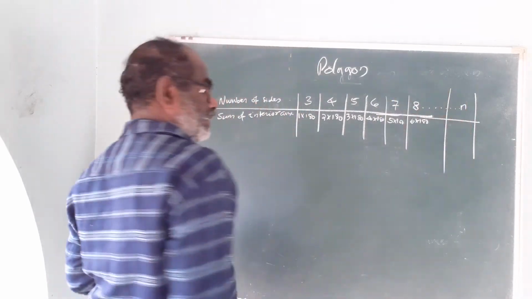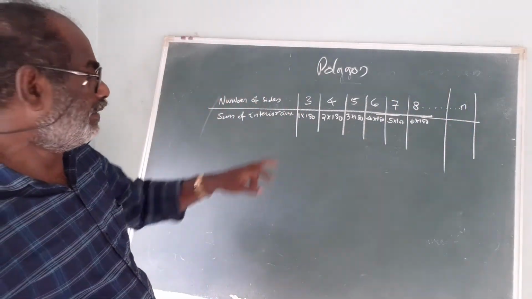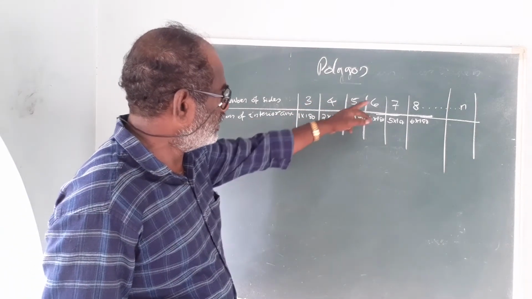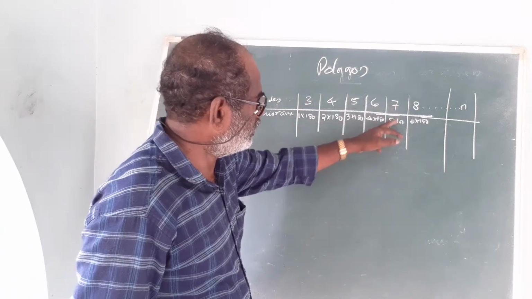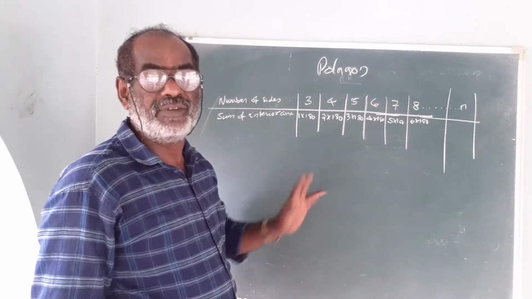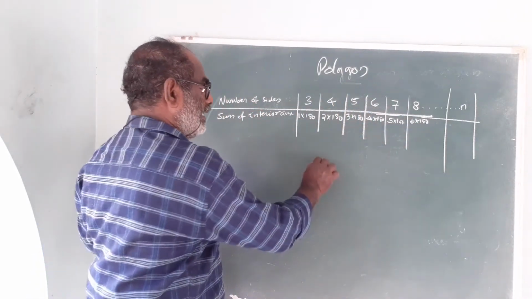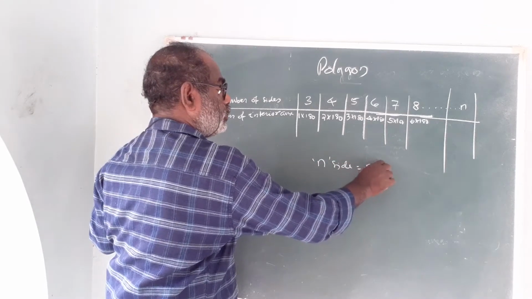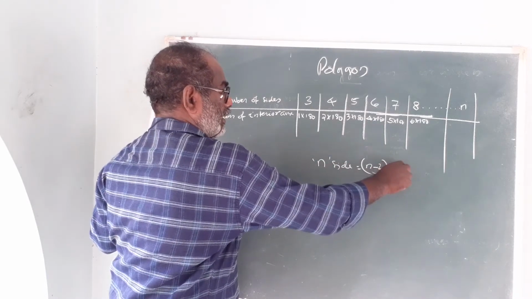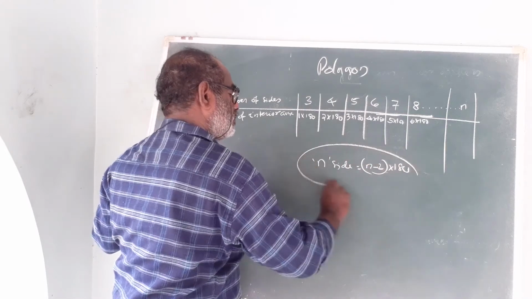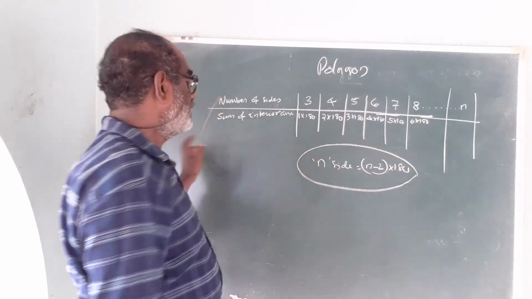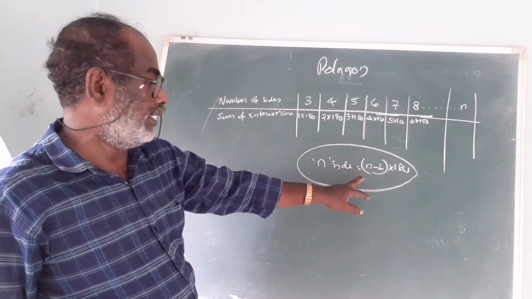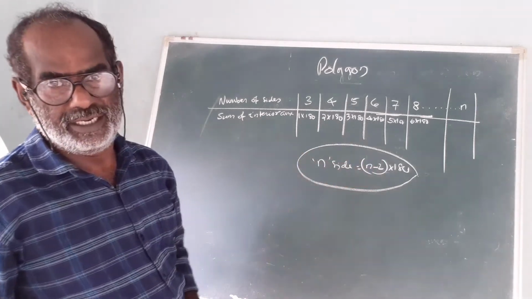Then what about n sides? 3, 1; 4, 2; 5, 3; 6, 4; 7, 5; 8, 6. The difference is 2. So we can write for n sides: n minus 2, into 180. The sum of the interior angles for an n-sided polygon is equal to (n minus 2) into 180.